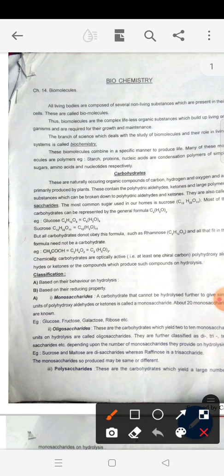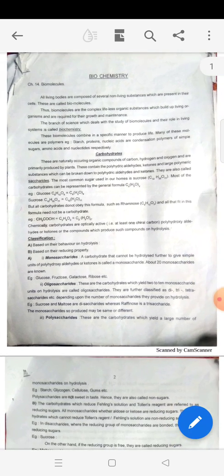These contain the polyhydric aldehydes, ketones, and large polymeric substances which can be broken down into polyhydric aldehydes or ketones.